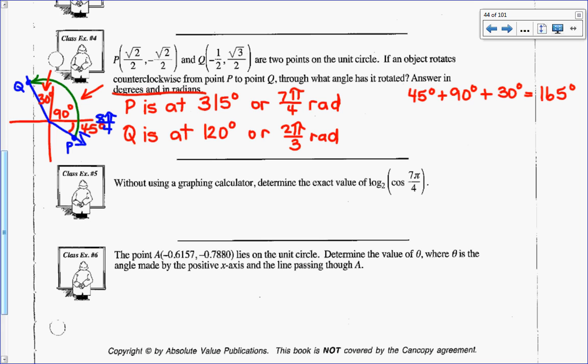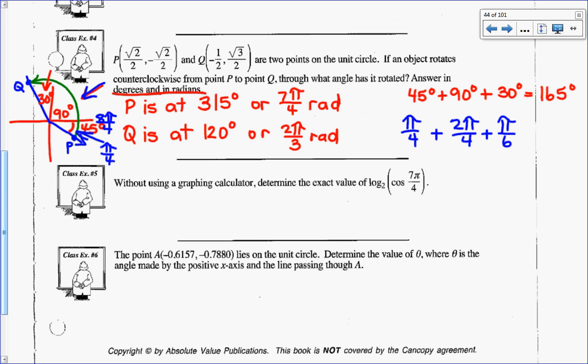And so that tells me that this little section here is just a 1 pi over 4 chunk, isn't it? What about this chunk here? How many pi's over 4 would that be? That's 2 pi's over 4. And then this little chunk, I have a 30-degree angle. Those are my pi over 6's, right? So that's a pi over 6.